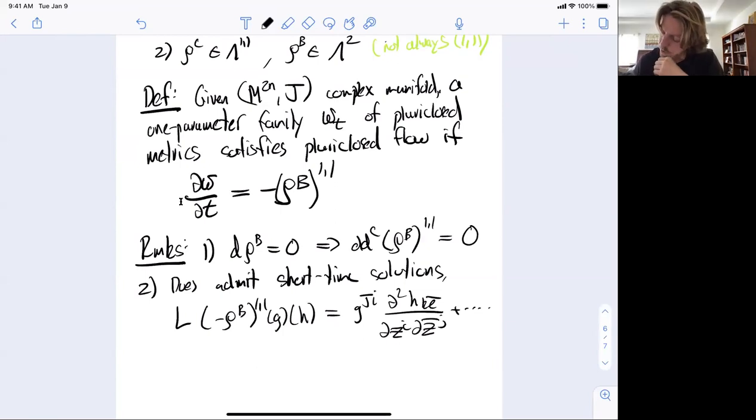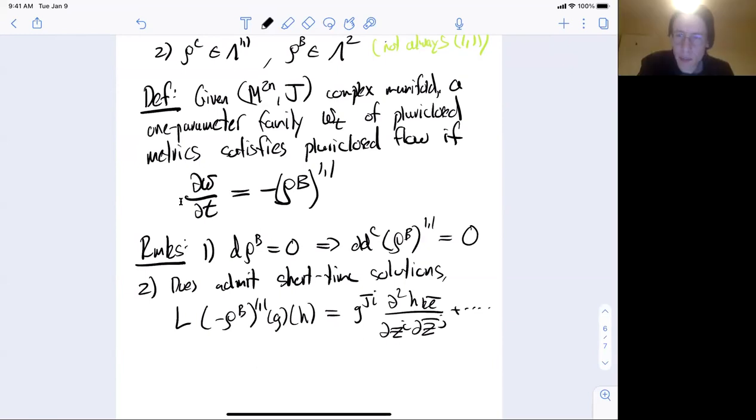Sorry, I just made up some notation. I mean the linearization of this operator at a metric G in the direction of H. And you get the simplest possible sort of symbol related to a metric G. You mean this is an operator that takes a metric and computes this?